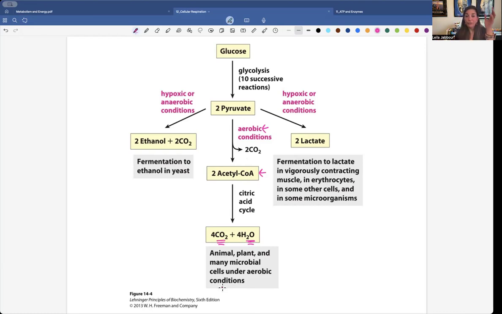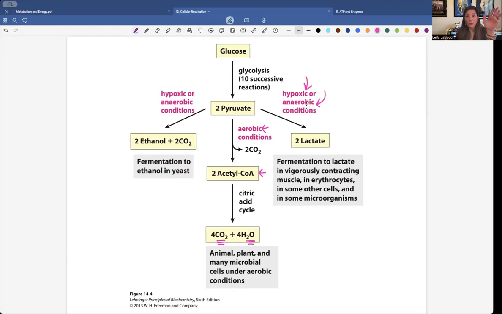Now, if we don't have enough oxygen, we end up going through production of lactate. This is under hypoxic conditions, which means low oxygen levels, or complete anaerobic conditions, which means no oxygen at all. Hypoxic, for example, is when you're not breathing enough oxygen.